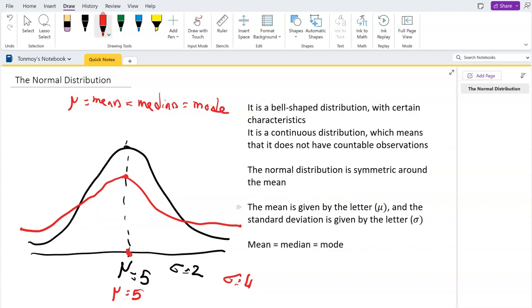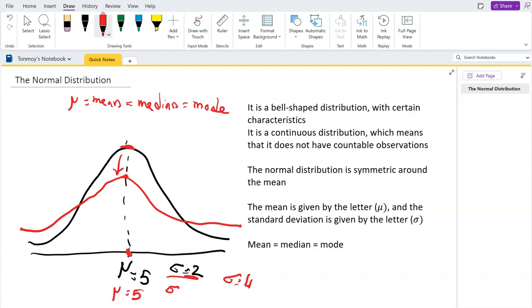It's still symmetric. I mean, my drawing is really bad, but it will be symmetric. It will just be that the mode will be at a lower level. Same thing if I reduce the standard deviation.